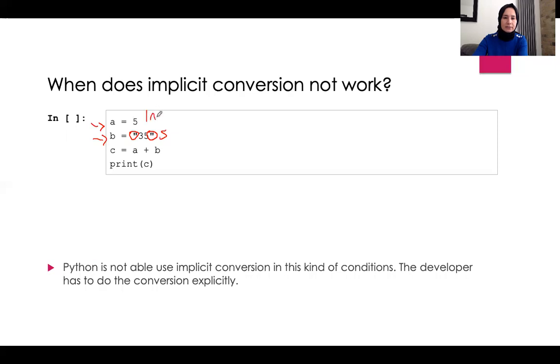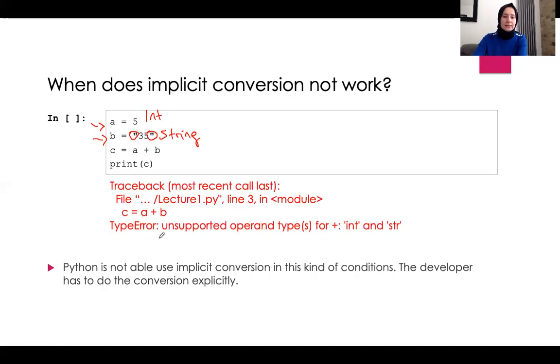This is an integer and this is a string, right? The type of b is string. When we want to add those numbers, the system will complain about it. It won't be able to convert 35 to an integer, as you can see here.